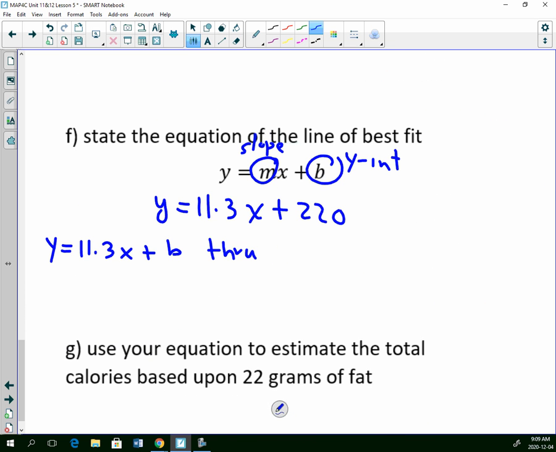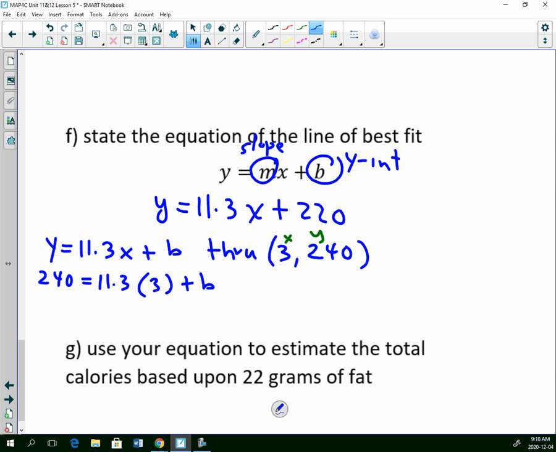So I could say if it passes through the point 3,240, which is my x and y, I could put y in for here and x in for here and figure out accurately what it is rather than estimating. Okay, so if you're looking at the graph, you're estimating. If you use the equation with the slope, then you are probably going to get a more accurate answer, and it should be close.